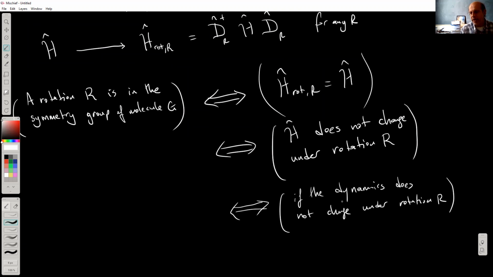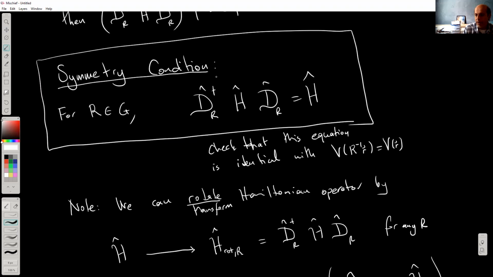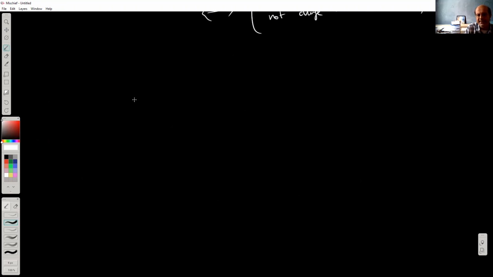And by dynamics, we essentially mean this, okay? That's also the case in classical mechanics, and also in quantum mechanics. I'm not going to look at these time-dependent problems here, but this is essentially what it is, okay? So in any case, that's the symmetric condition. By multiplying this equation from the left by d, I can express it in a different way. So let's say it like this.